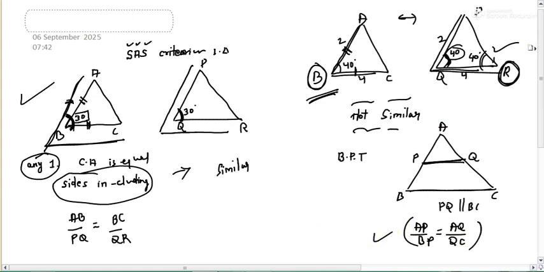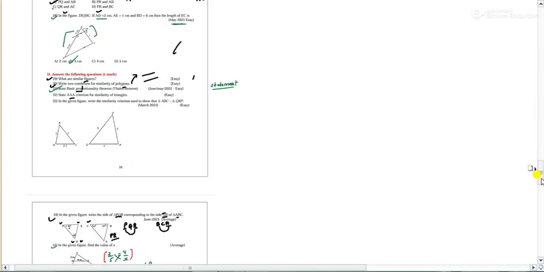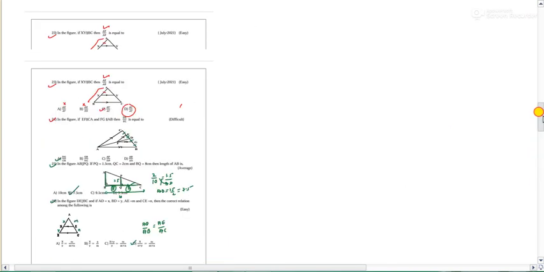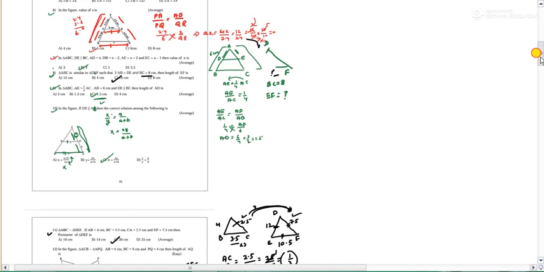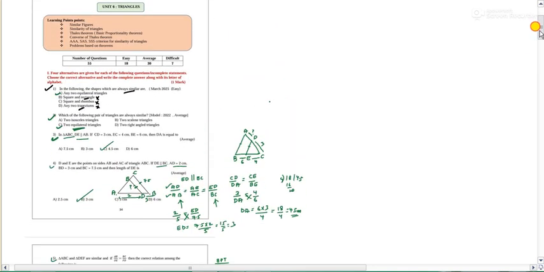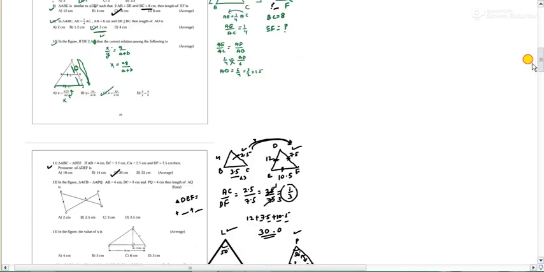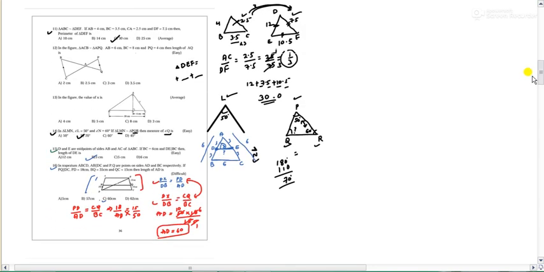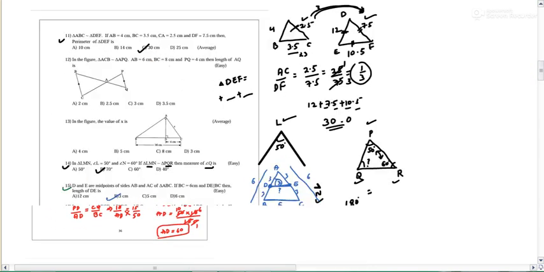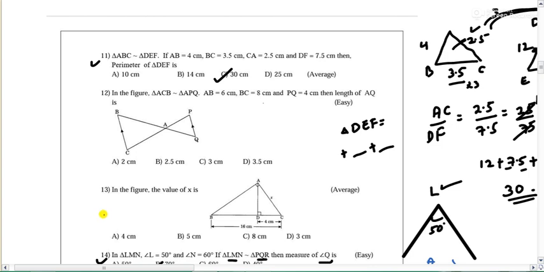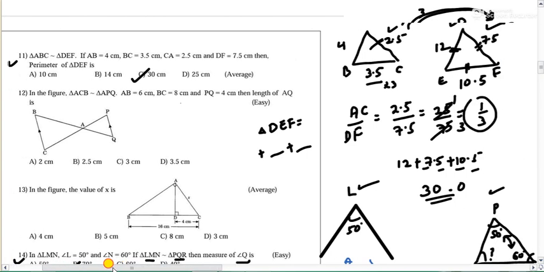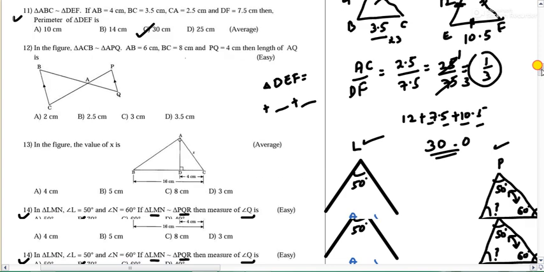So let's see the problems now. I have already solved most of the questions in our last classes. Let's see the pending ones now. Question number 12 is based on similarity. Can you see question number 12, everyone?